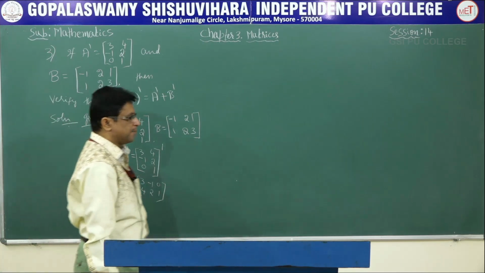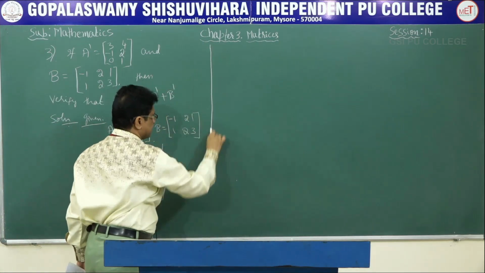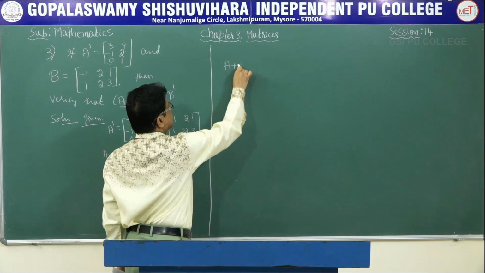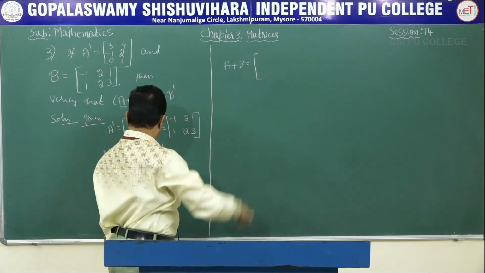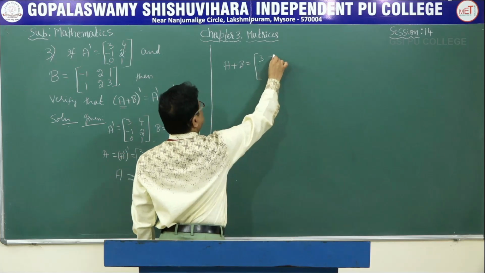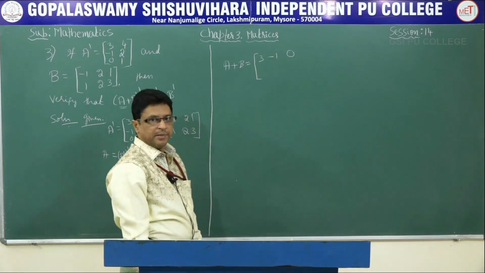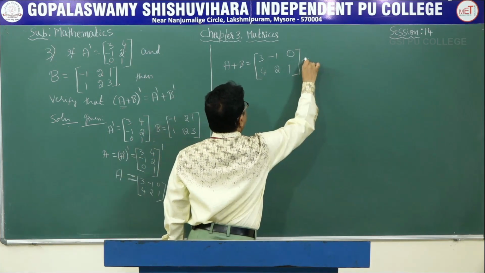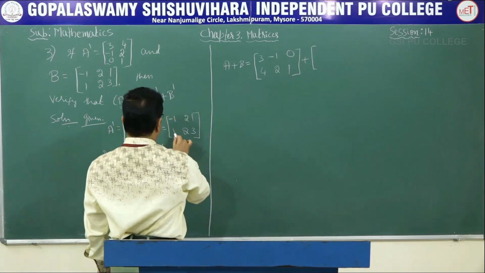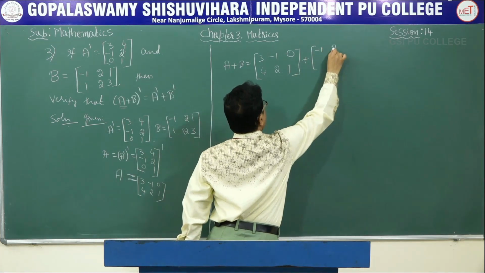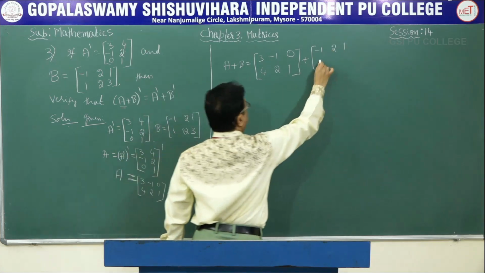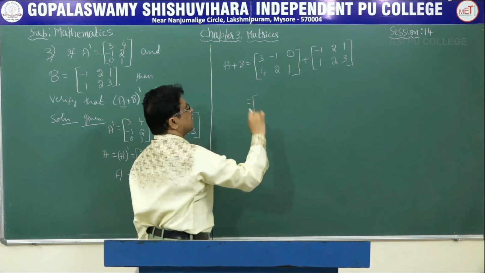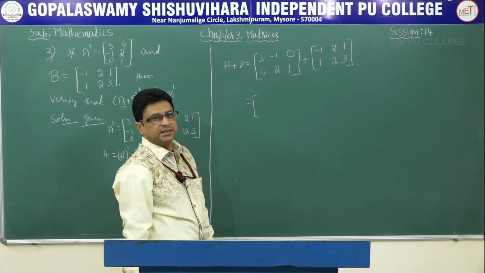We shall find A plus B. So A plus B is equal to A, which is 3, minus 1, 0, 4, 2, 1, plus B. So matrix B is minus 1, 2, 1, 1, 2, 3. So we add the corresponding elements.